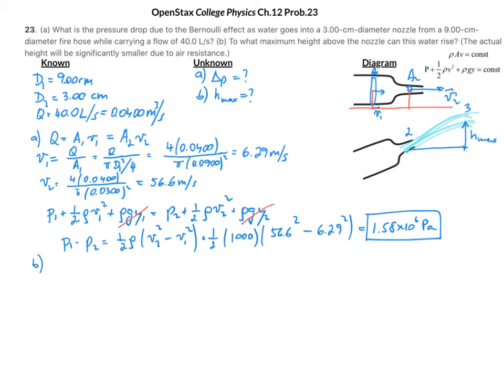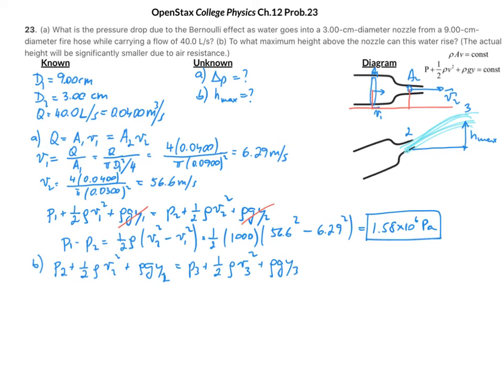Bernoulli's equation then will be P2 plus 1/2 rho V2 squared plus rho g y2 equals P3 plus 1/2 rho V3 squared plus rho g y3.